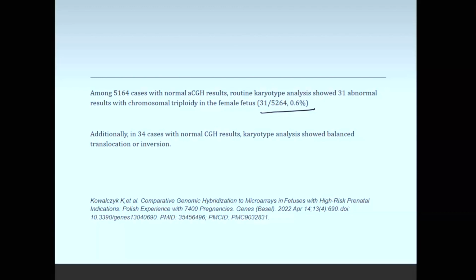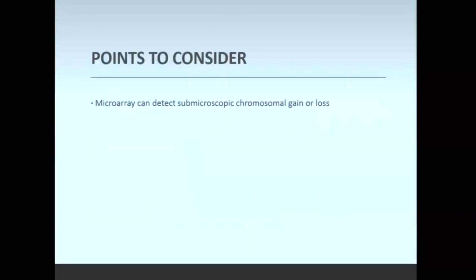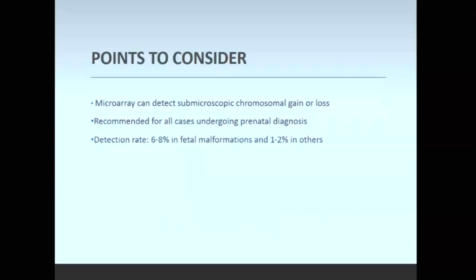And in 34 cases, karyotype showed a balanced translocation or inversion. So there are some points that we should remember. Microarray can detect submicroscopic chromosomal gains or losses, so it is now recommended for all cases that are undergoing prenatal diagnosis.